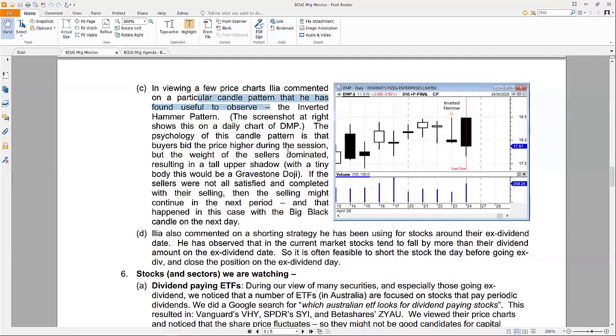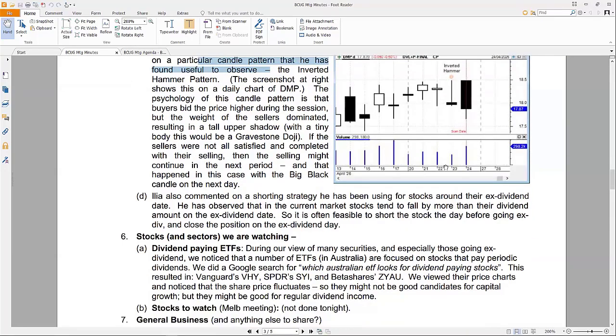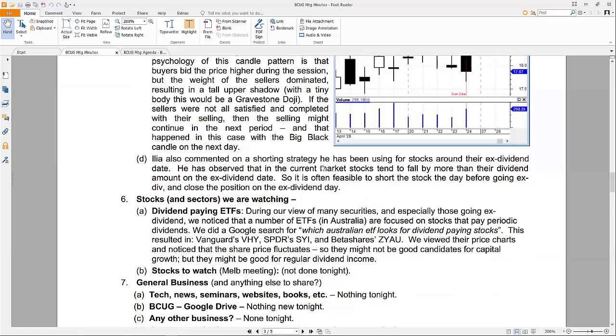I think what Ilya said is that if he finds that candle, it indicates a likely shorting possibility to go short on a stock for the next day. Ilya also said that he shorts stocks around their ex-dividend date. He's observed that a lot of stocks do fall on their ex-dividend date, and they fall by more than their dividend amount, plus the franking credit.